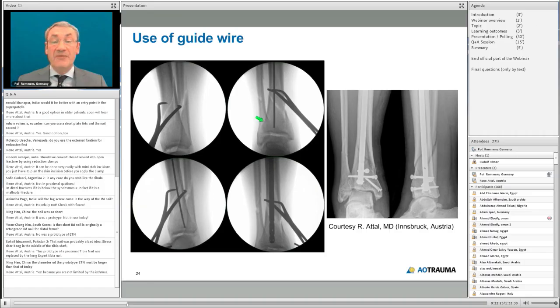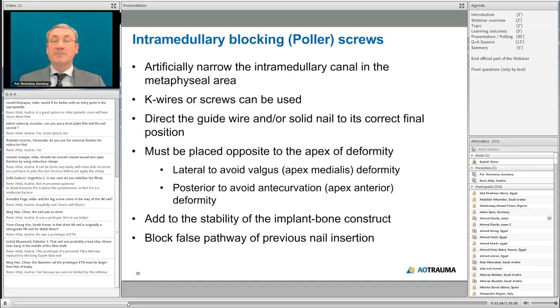At the end we have a correctly placed nail with a triple interlocking distally, and additionally a medial malleolus fracture was treated here with 2 lag screws.